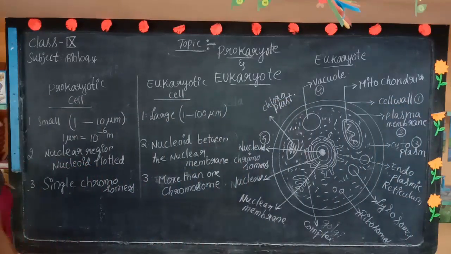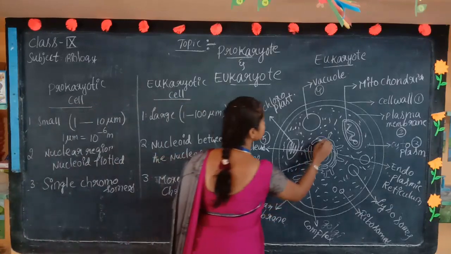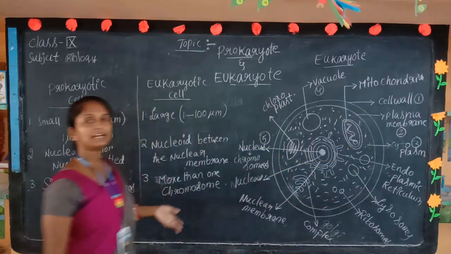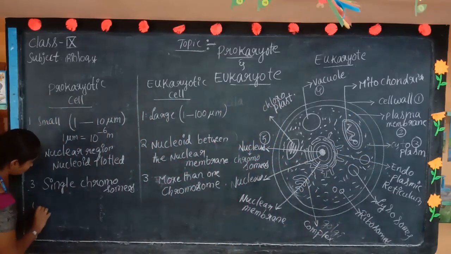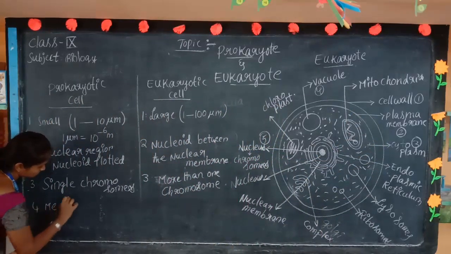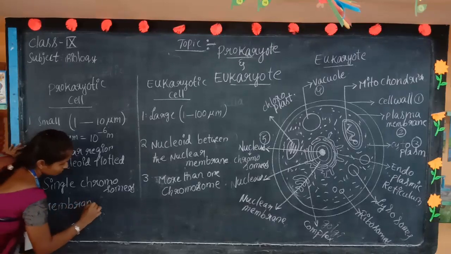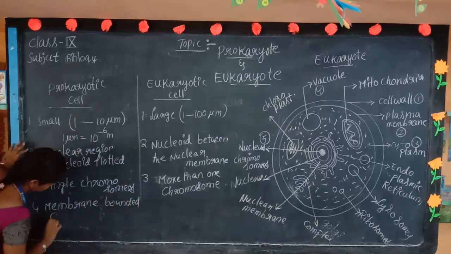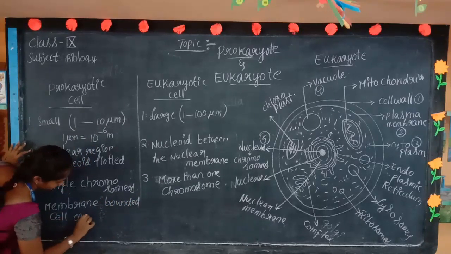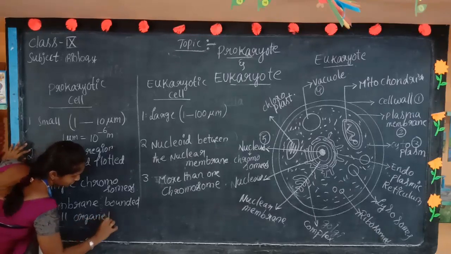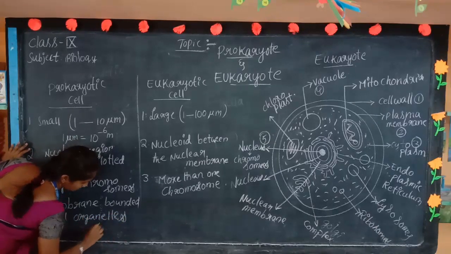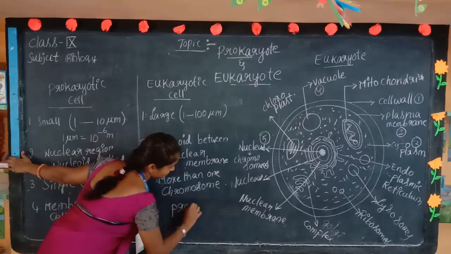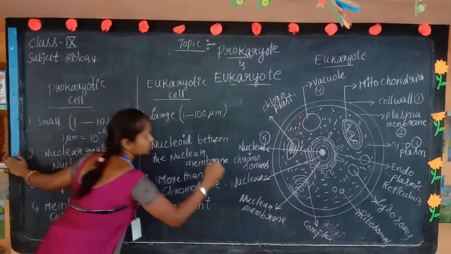And one more common thing is that membrane-bounded cell organelles are absent in prokaryotes. Membrane-bounded cell organelles means the nuclear membrane is there, the mitochondria membrane is there, like that. Membrane-bounded cell organelles are absent here and present here.